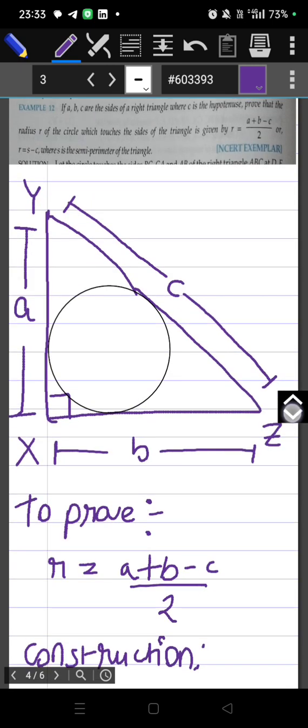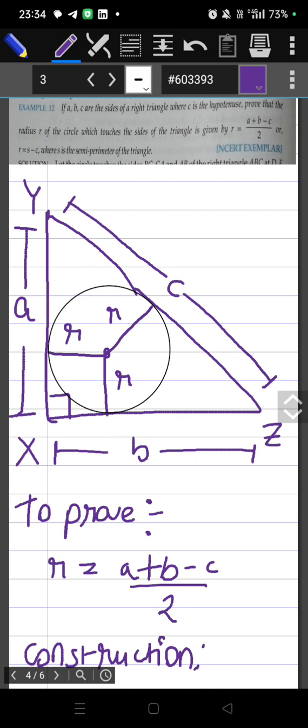What are the constructions that we are going to do? See, this is the center. So we will draw one perpendicular to this side, to XZ, and one perpendicular to XY. And this is the radius. This is also the radius. We will draw one more line. It will be a radius.